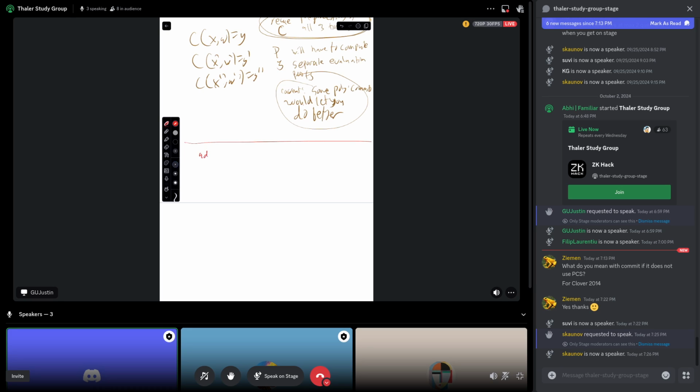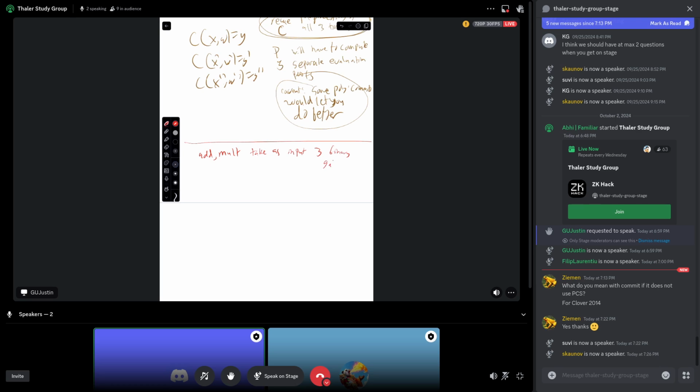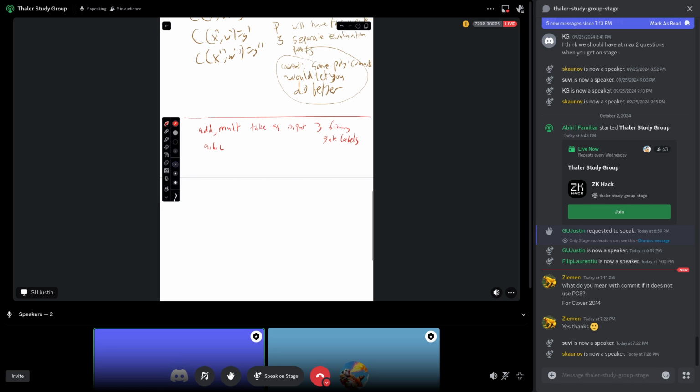So we're going to let add and mult take as input three binary gate labels, A, B, and C. And I'll elaborate in a moment on what I mean by that.